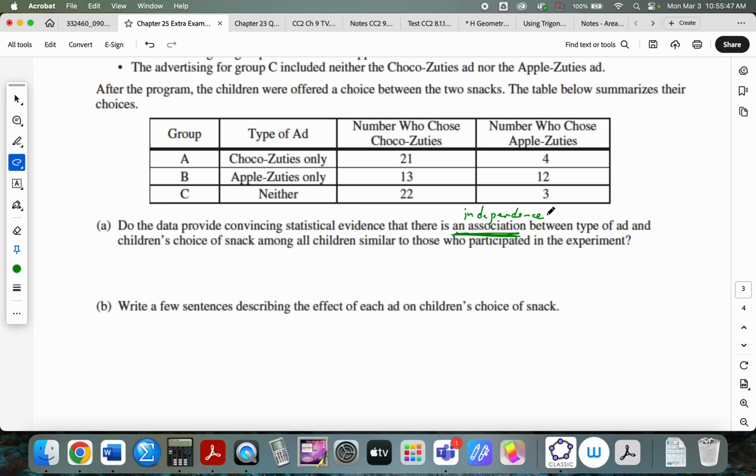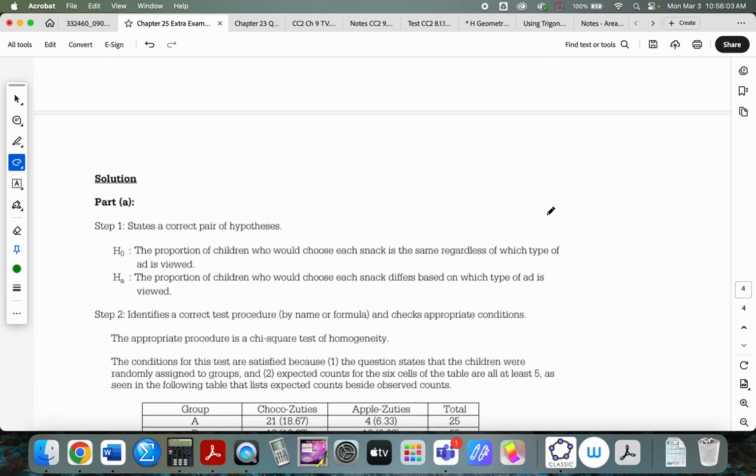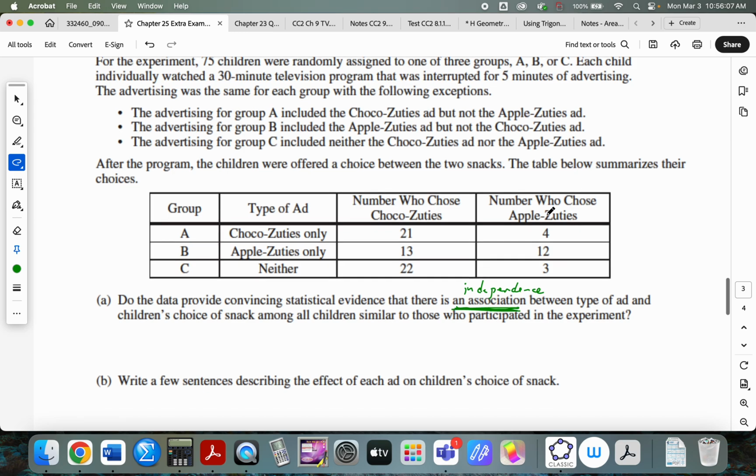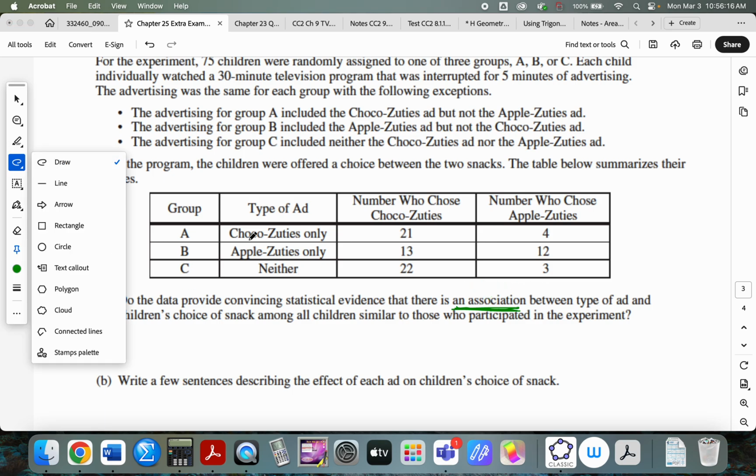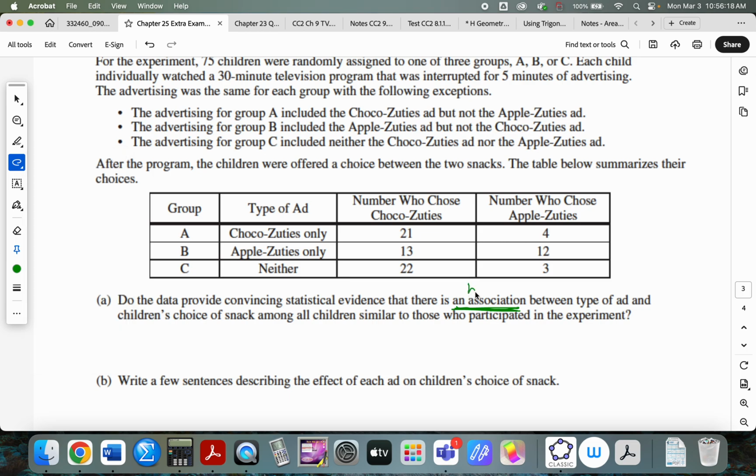Oh, wait. We don't have two separate groups here. So, we have, here, let's look at this. I apologize. This is homogeneity. Someday I'm going to get homogeneity and independence completely straight in my head. Apparently it's not today. So association means homogeneity?